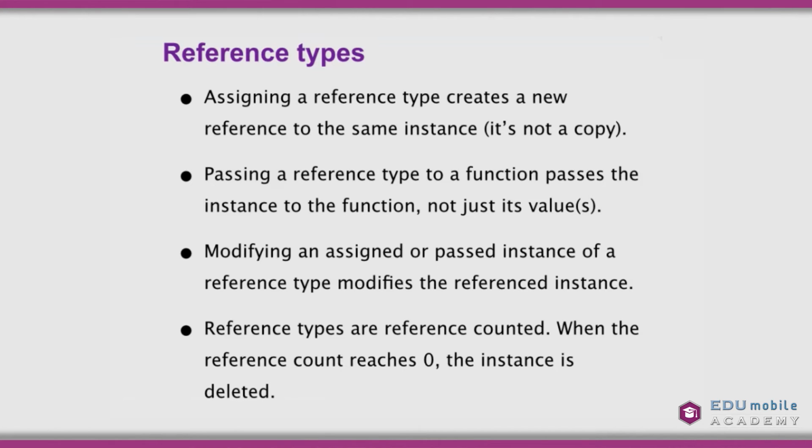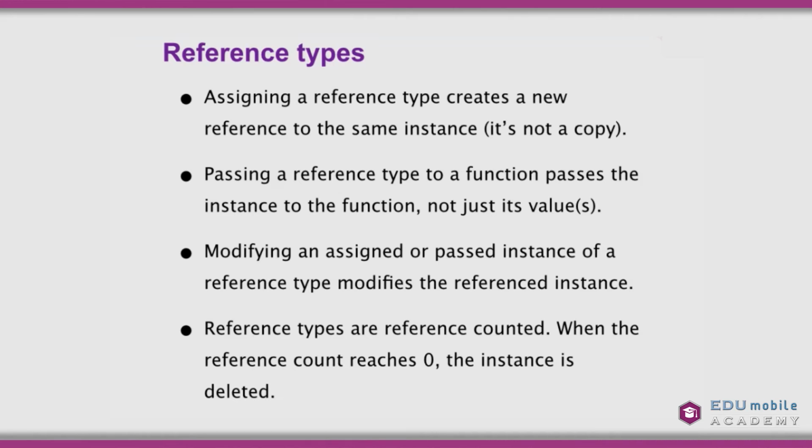In other words, we are changing A. We're just referring to it with a different reference. Of course, we know that with a value type, if we copy a struct and then change some value, the original won't be changed.